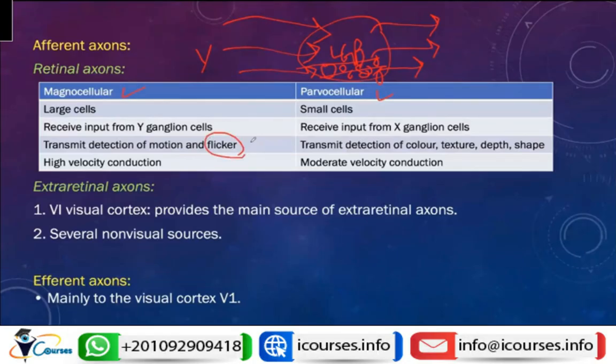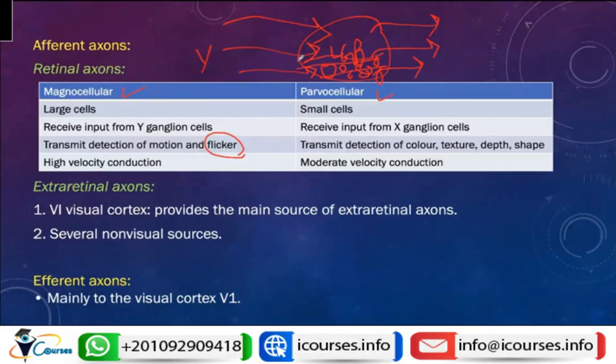So if there is a stimulus that alternates between on and off, or a flicker, this will be perceived by the magnocellular layer. And the speed of impulse in this visual pathway is very high conduction.